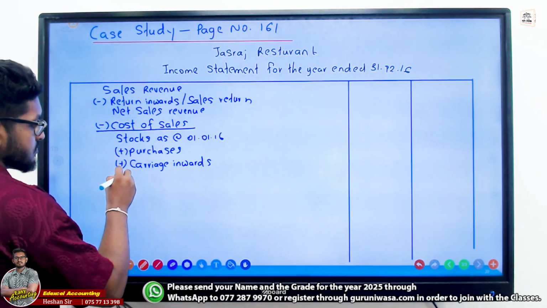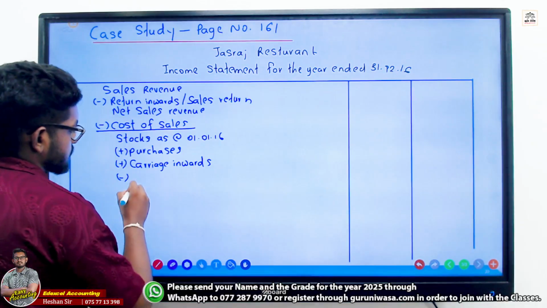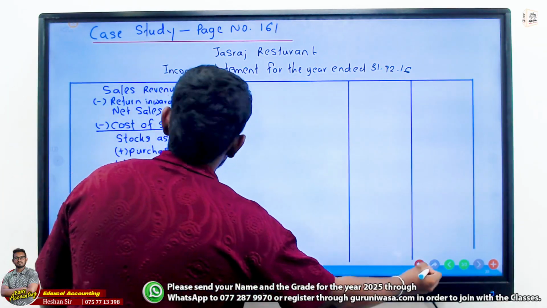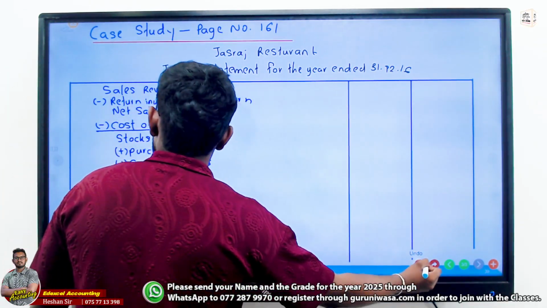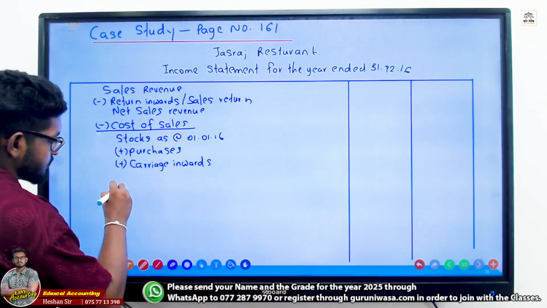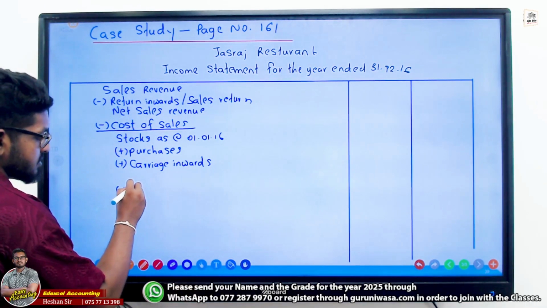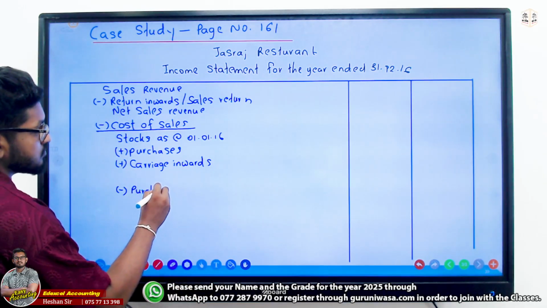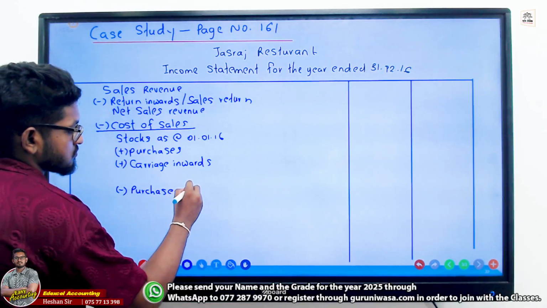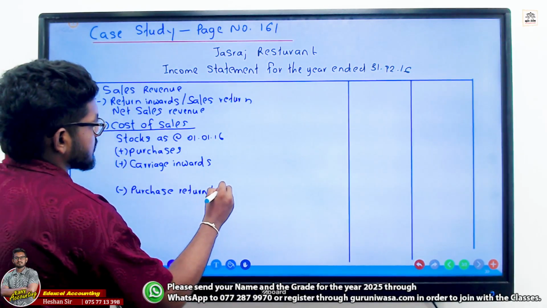Then minus. Keep one line and then write minus purchase return, for the return outwards.